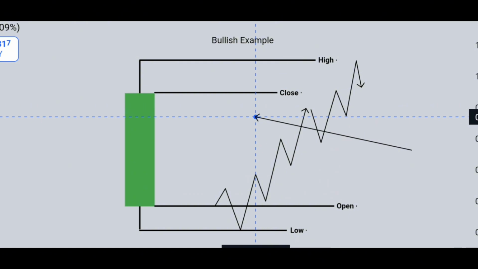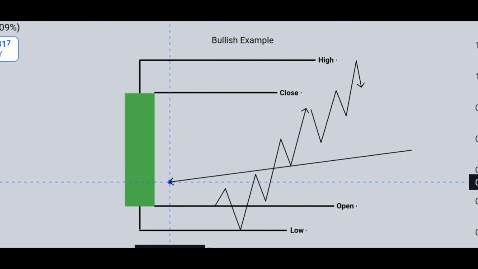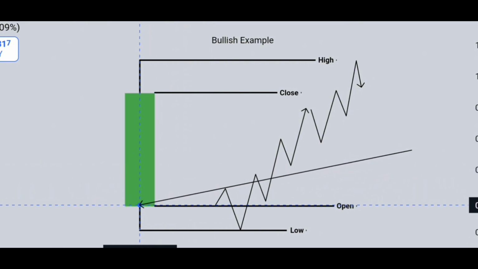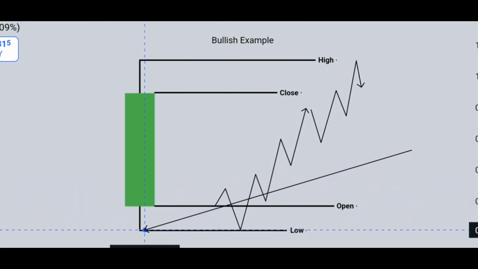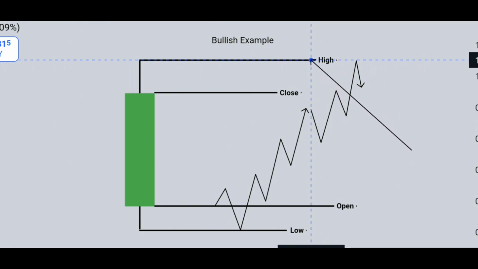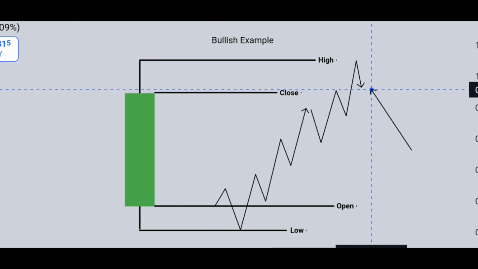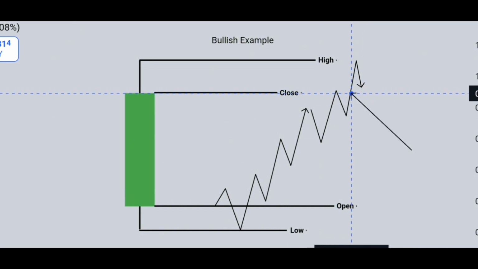So for method 1, we all know that a bullish candle opens at the low. As you can see, it opens, then it forms a low. That's a manipulation, right? Then it starts distributing until it forms a high and then a close. So that's how any bullish candle performs.